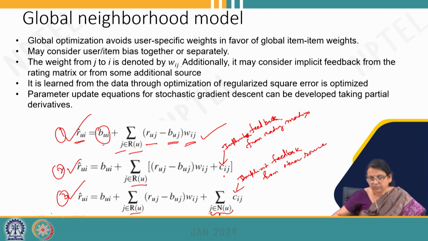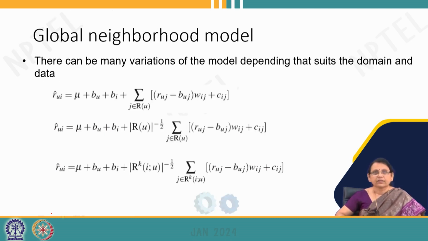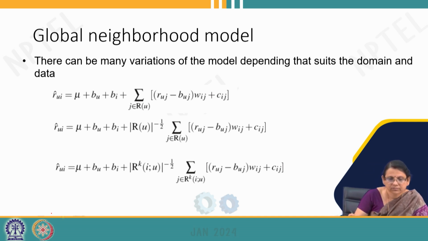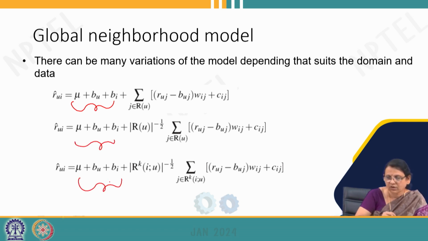Okay, so moving ahead, this global neighborhood model can be seen in many different ways. Here, instead of taking only one bias like our baseline predictor, we took mu plus user bias plus item bias, and these three models that we saw can now be extended.